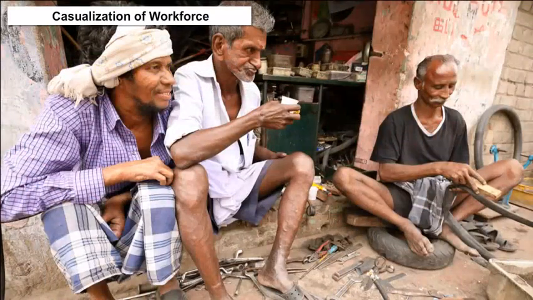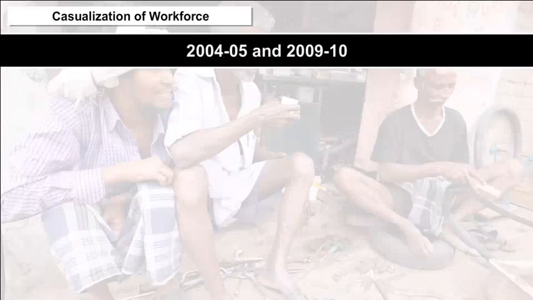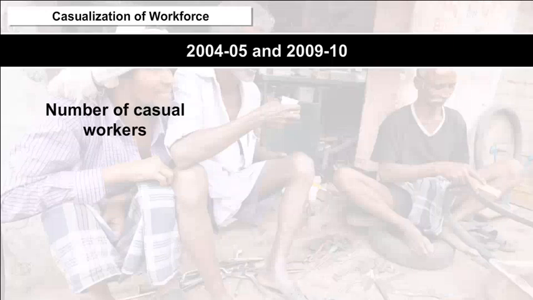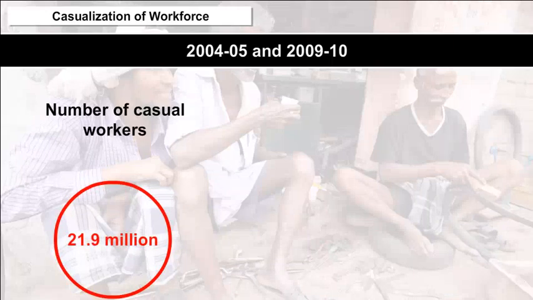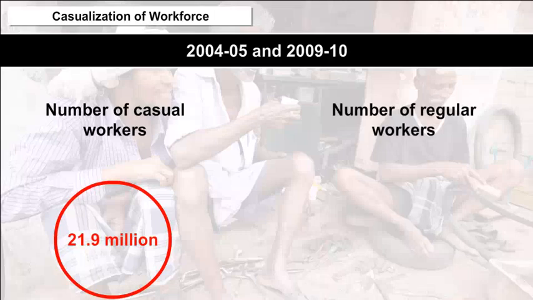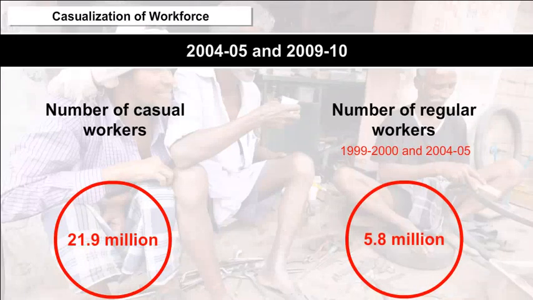Casualization of workforce. Between 2004-05 and 2009-10, the number of casual workers grew by 21.9 million, while growth in the number of regular workers nearly halved, compared with the period between 1999-2000 and 2004-05, to 5.8 million.